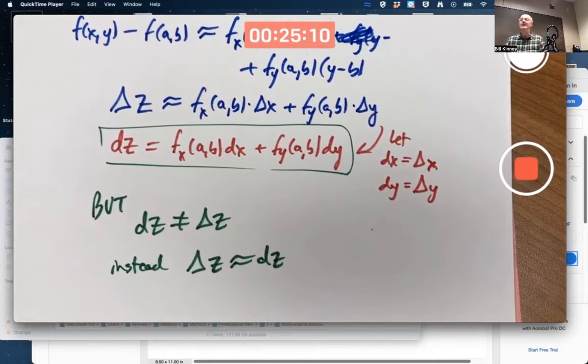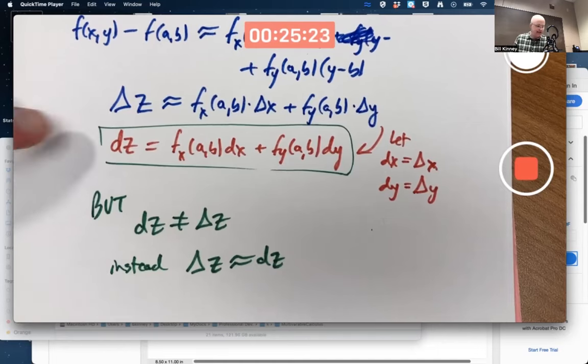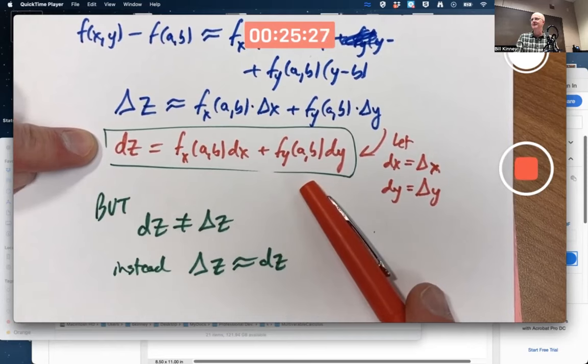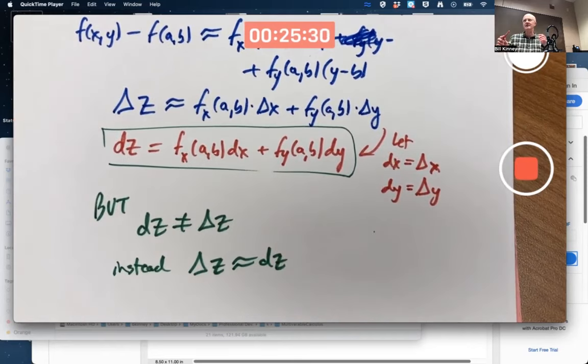Now, there's lots of different ways of thinking about this equation. We are effectively treating dx and dy as new variables. And dz is another new variable defined in this way. It's almost as if you could think of it this way.